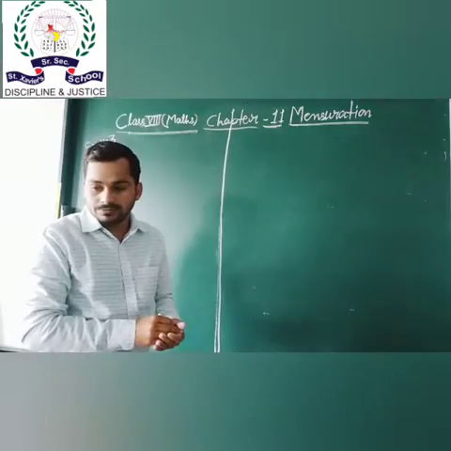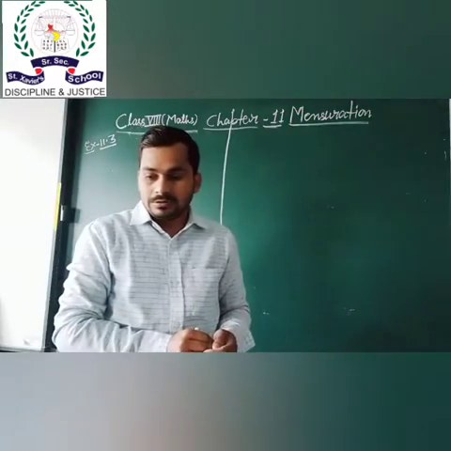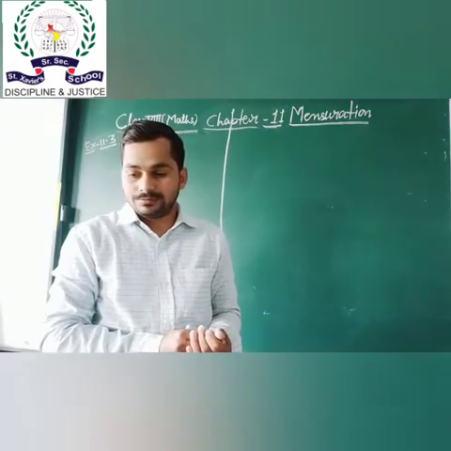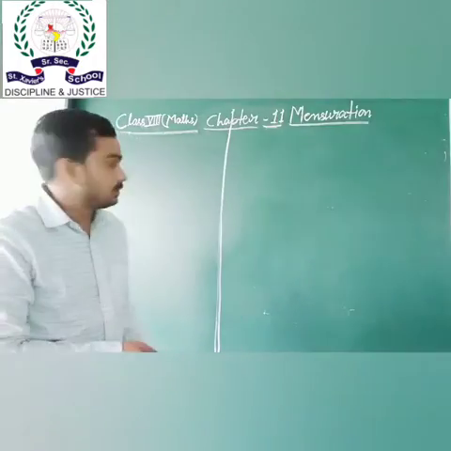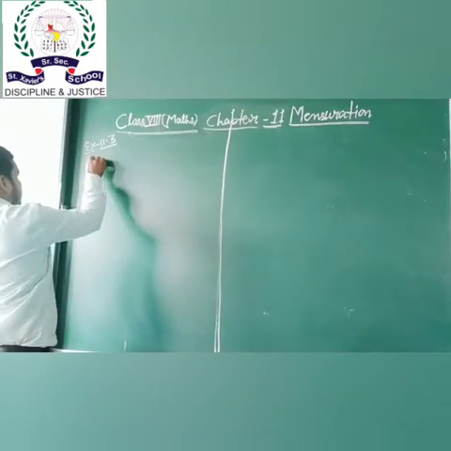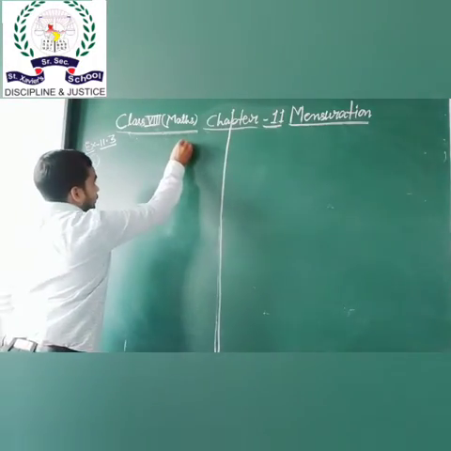11.3 question number 1. Find the area of the field shown. A polygon is given.